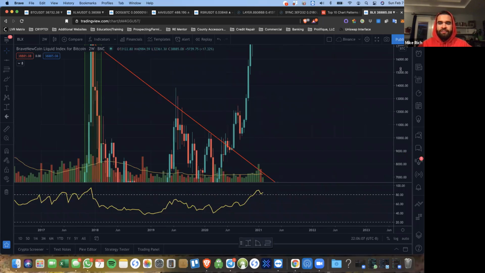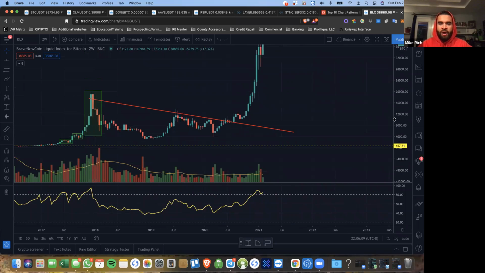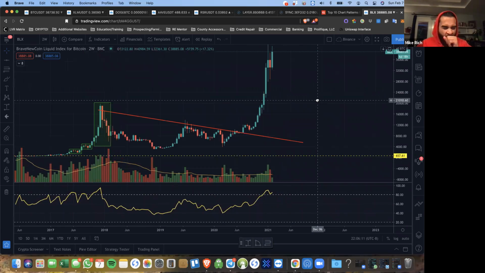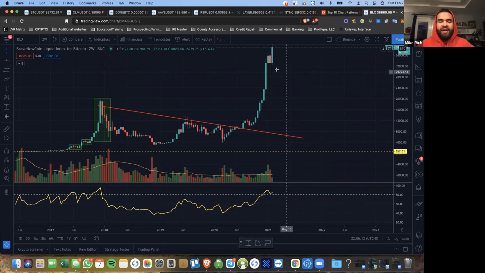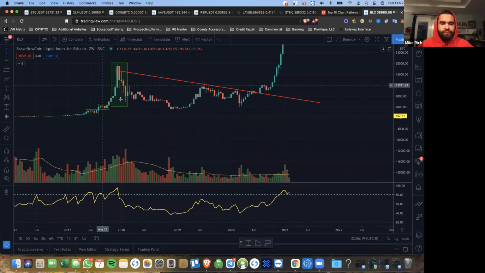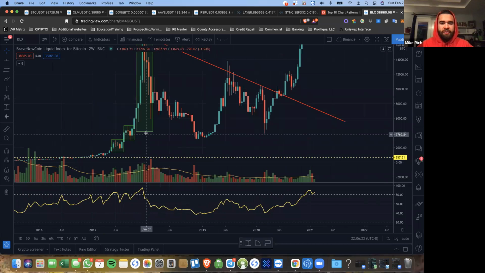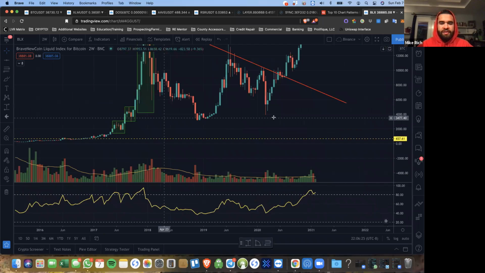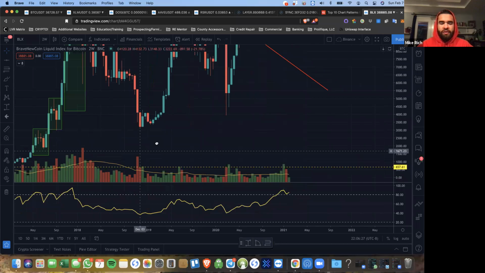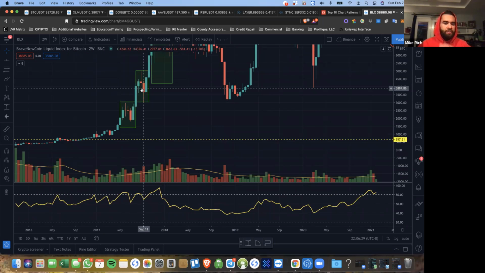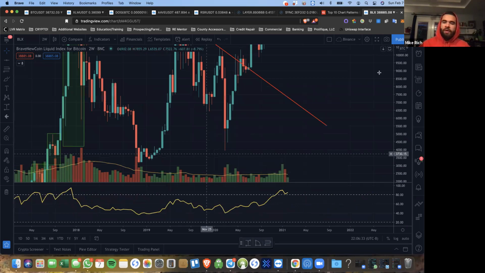Because if you look at ours, we had that first red candle, which we haven't had in a long time, ever since we broke out. If you look at what these sequences do after a red candle in a bull market, right? They just go up. They just go up.